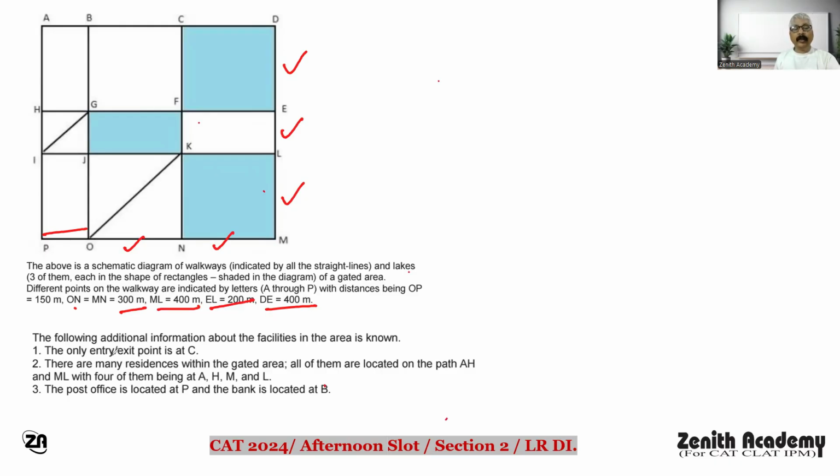Condition number 1: the only entry or exit point is at C. There are many residences within the gated area, all of them located on paths AH and ML, with four of them being A, H, M, and L. The post office is located at P, and the bank is located at D. So these are additional informations. Let us attempt the questions.